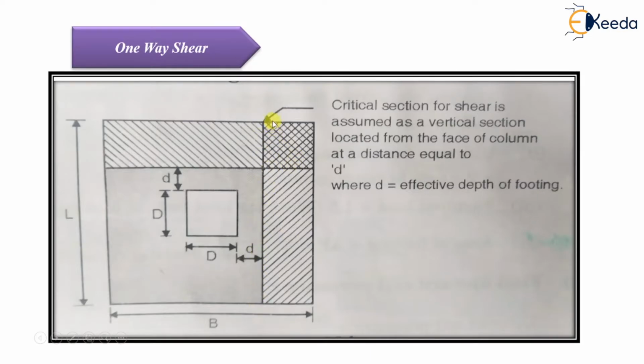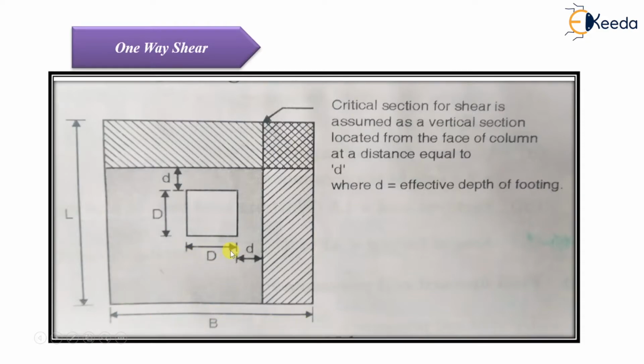Again see the picture, this is the shaded part in the vertical direction and we know the length of that shaded part is L. To find out the width of that shaded part, we have to deduct the column width from the total width of the footing. Here you can see the total width, and we have to deduct that.